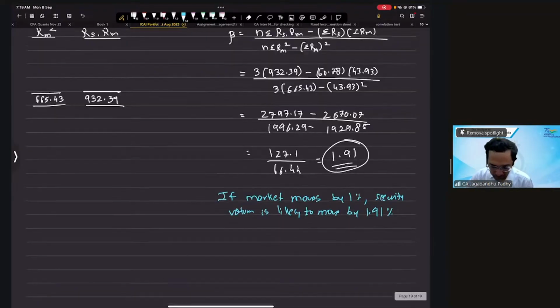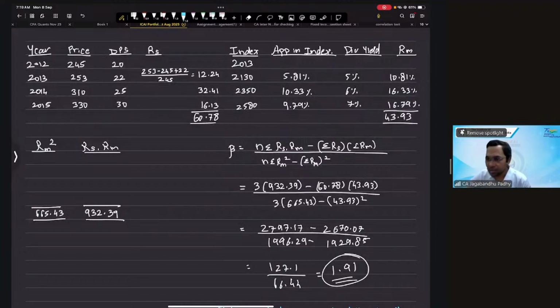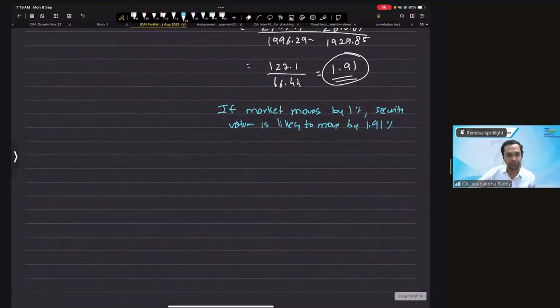That's a simple interpretation because that's indicating the volatility of the security with respect to the market. Okay, then let's take up another question.